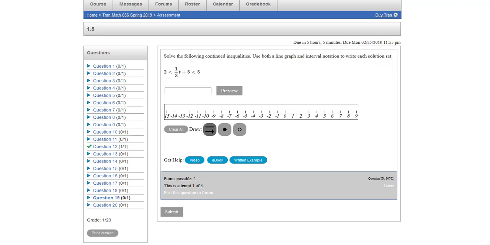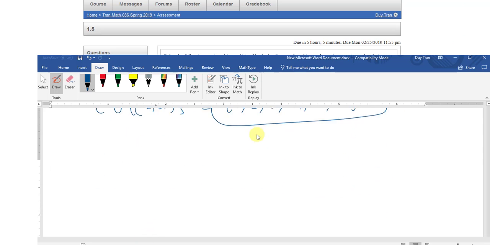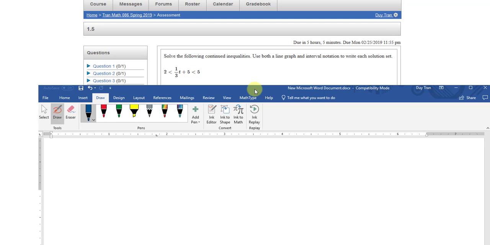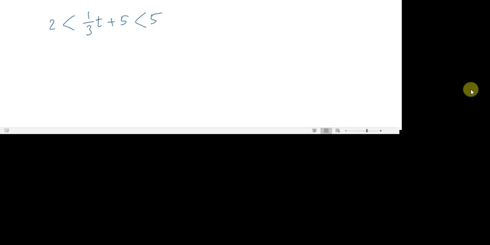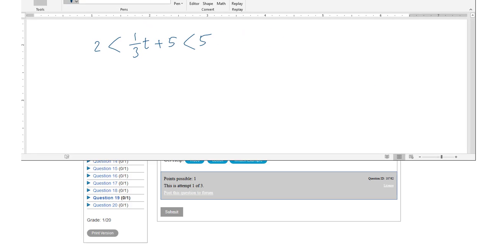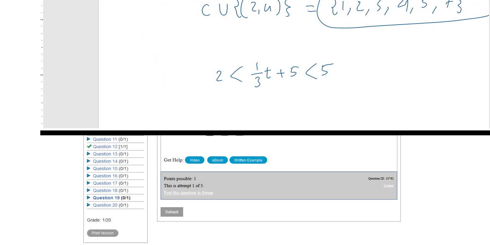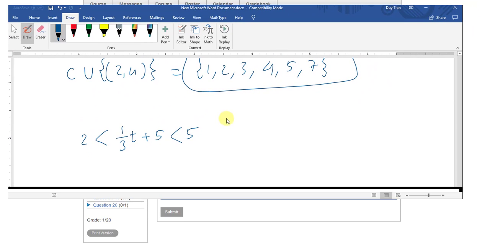Okay, let's try to solve this one. So this is the inequality 2 less than 1 over 3t plus 5 less than 5. Okay, how do I solve this one? Okay, there's a problem with the screen.